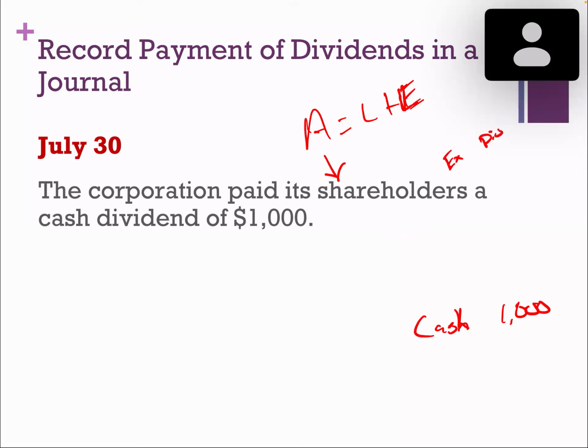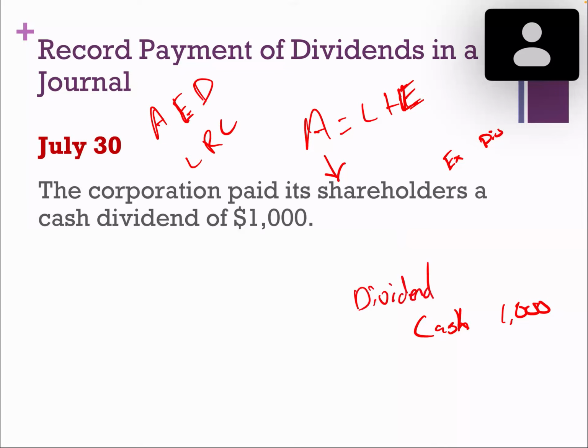Remember, both of those, to get them to go down, you debit those accounts. Get them to go up, you credit them. So AEDLRC. See that? So to increase those accounts, you debit them. To decrease them, you credit them. And so we would just debit dividend.